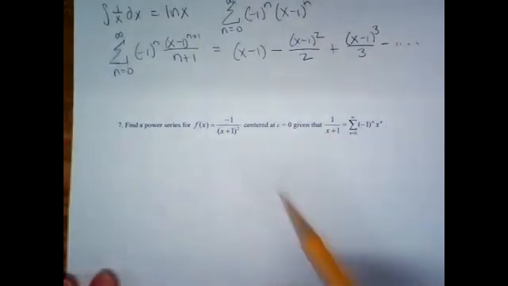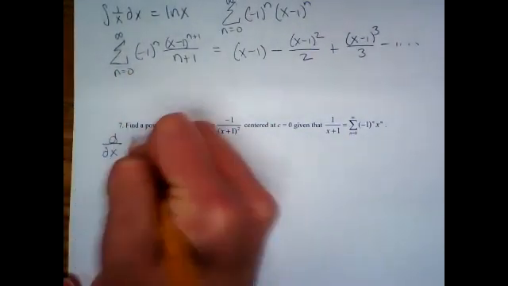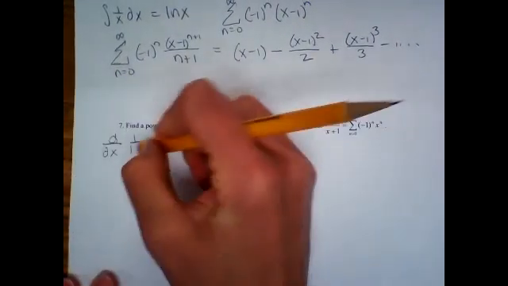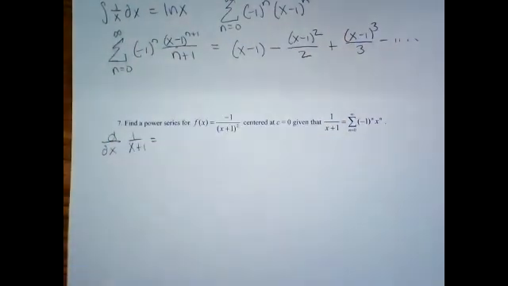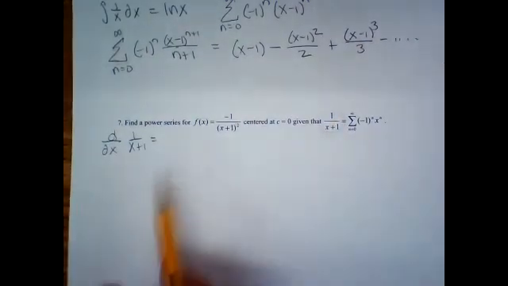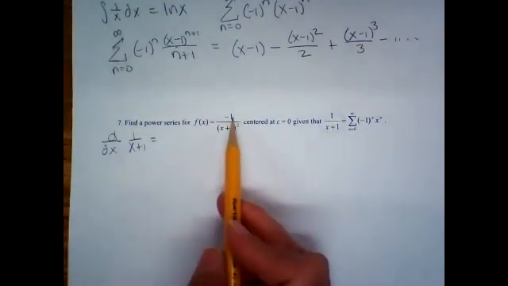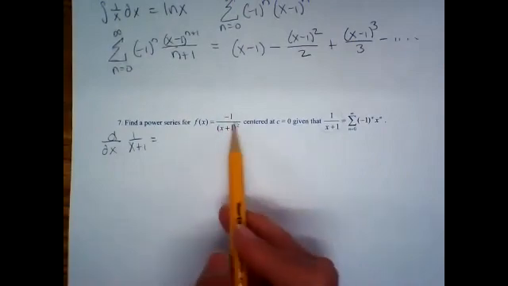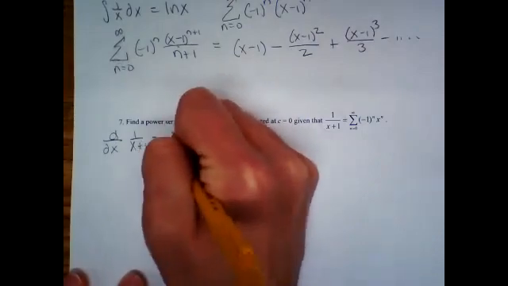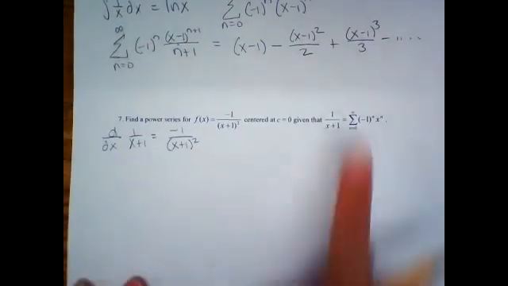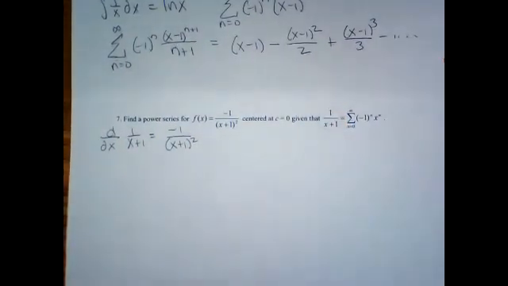So the derivative of 1 over x plus 1 would be what? If you do the derivative of this one, you get, yeah, are you following me there? -1 over x plus 1 squared. So if you do the derivative of this one, you'll get what you want.